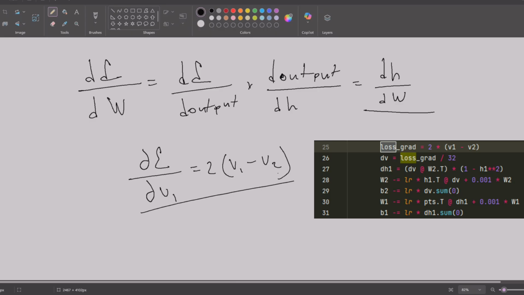This basically correlates to our code, where the factor of 2 comes from differentiating the squared difference, and we divide by 32 because we're averaging over a batch of 32 points, and that's basically just the mean.